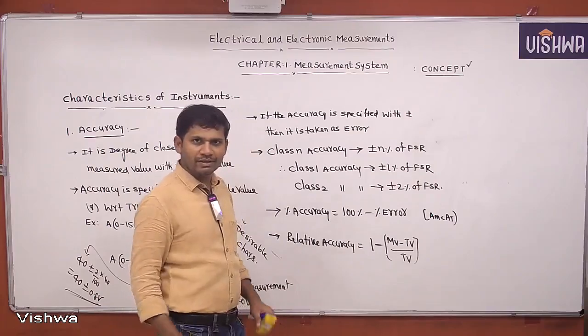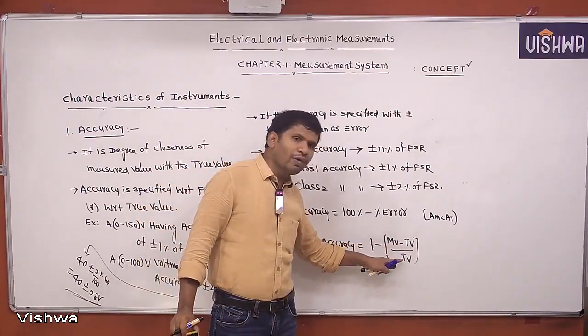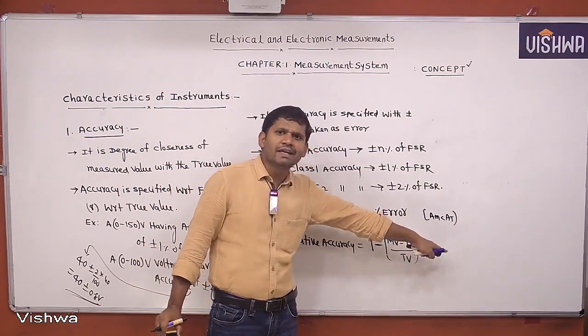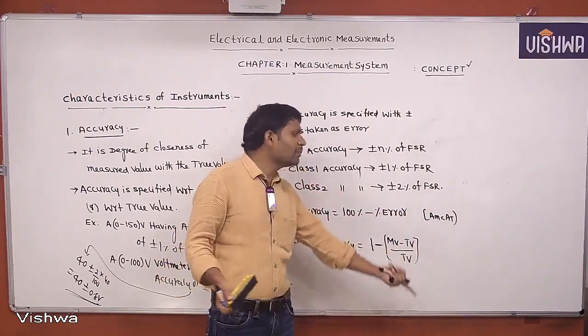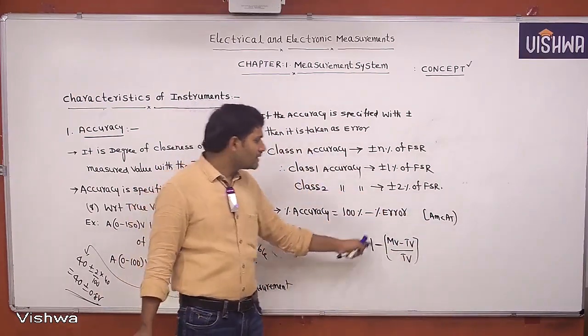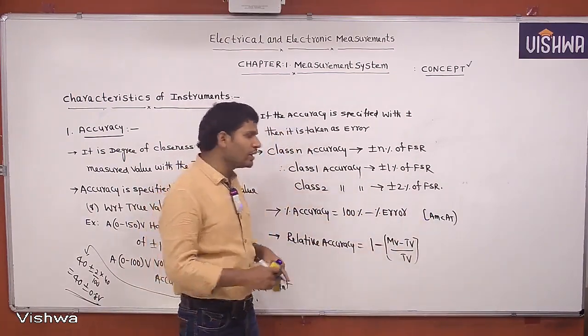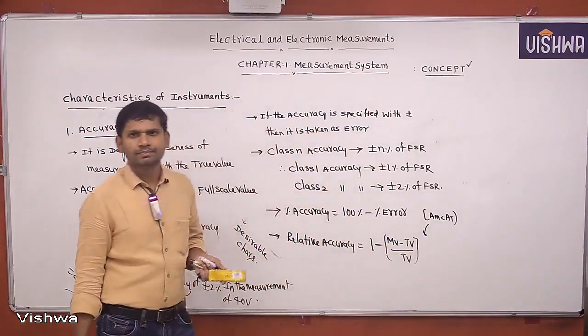For example, if measured value minus true value by true value gives 0.2, then 1 minus 0.2 means 0.98 is the accuracy. In terms of percentage, you multiply by 100, then you get the percentage accuracy, with the assumption of measured value less than the true value.